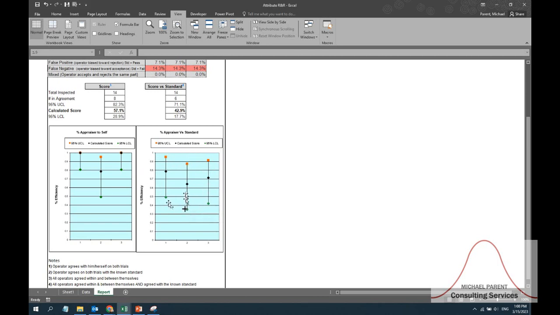So we would always want to improve these bottom areas and move them up. So, maybe they're ranging between 70 and 95%. But really, we could start to do that by training operator number 2, because this is the source of the greatest variation in our measurement system.